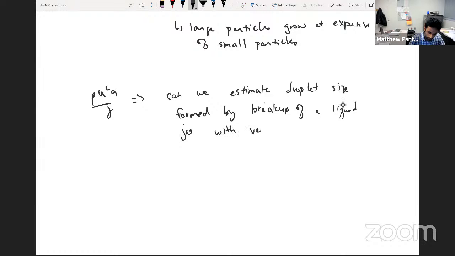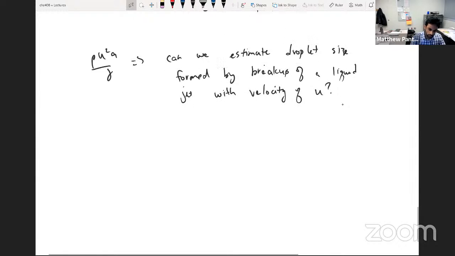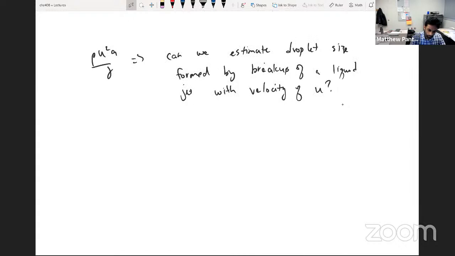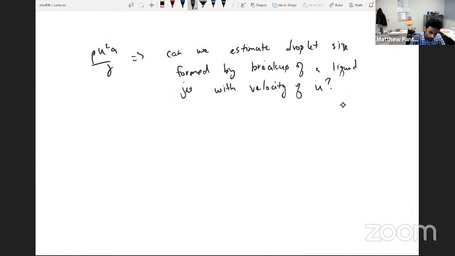With velocity of u. So to a first approximation, we can say that the curvature force should balance out the inertial force.